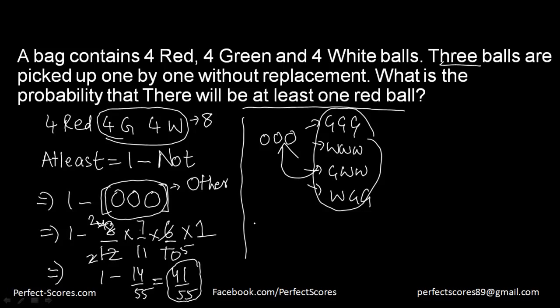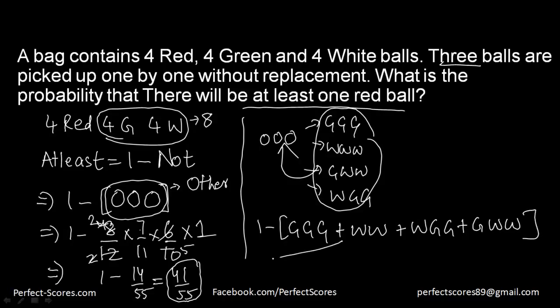Right now, try to calculate 1 minus the probability of getting all green, the probability of getting all white, the probability of getting 1 green and 2 white, and the probability of getting 1 white and 2 green. You will still get the same answer. Why is that? Because this other actually takes care of every possibility here.